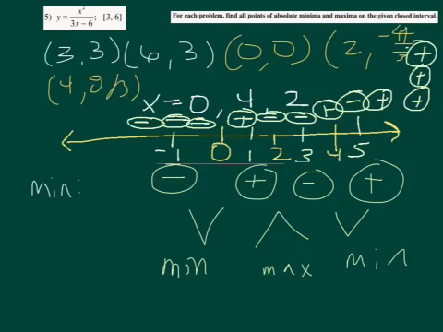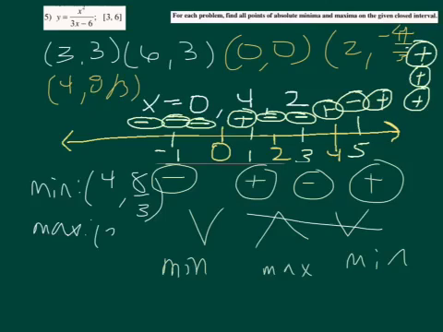So I would say that the min would be 4, 8/3. Then the max would be 3, 3. And 6, 3. And I checked my answers, and somehow I got the right answer, which is crazy. So, yeah, still stuck. Don't understand how I got the right answer. So that's it.